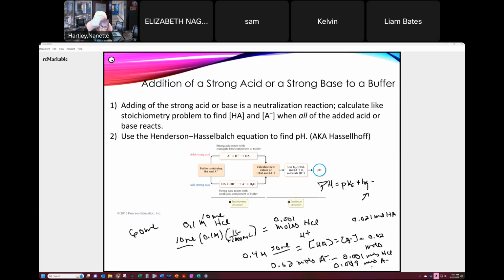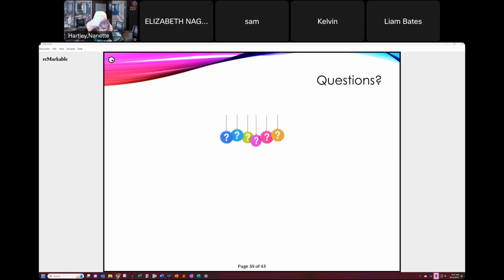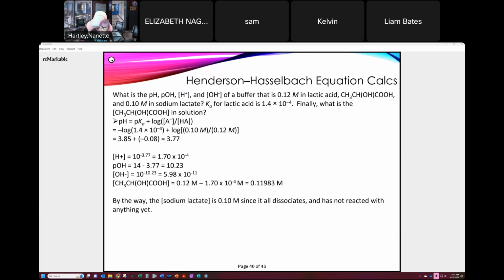So questions about that? That's my derivation of the Henderson-Hasselbalch equation. Again, your textbook goes through that in big detail if you really are curious about that.